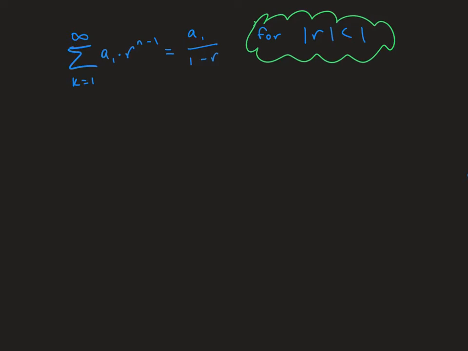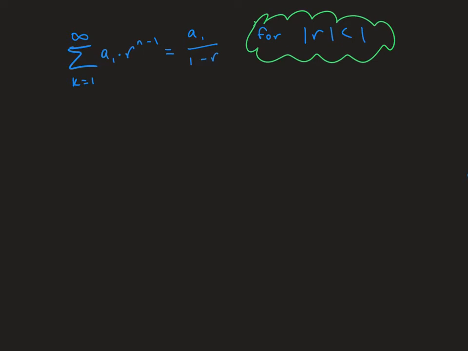We have our index. It starts at 1, the first term, and it goes up to infinity. So it's a little crazy to think about, but it actually equals, and we'll prove this, the first term, a sub 1, divided by 1 minus r. That's simple, where r is that common ratio that we talked about.